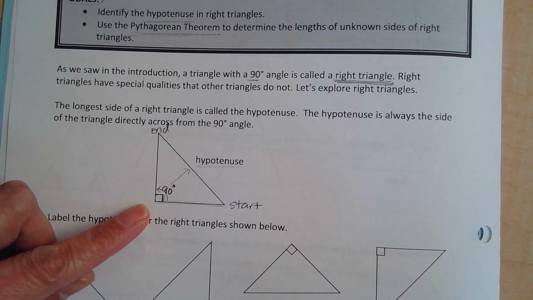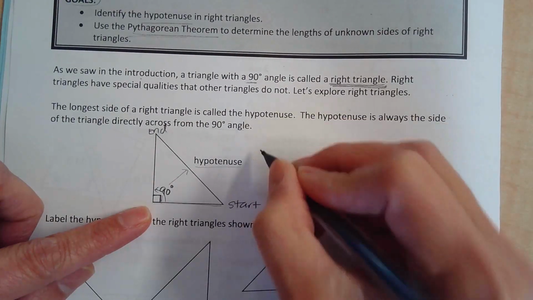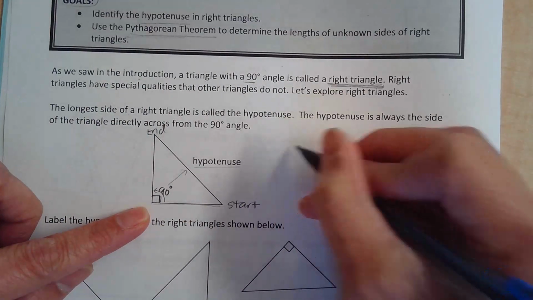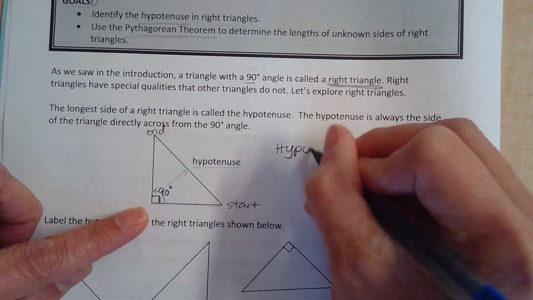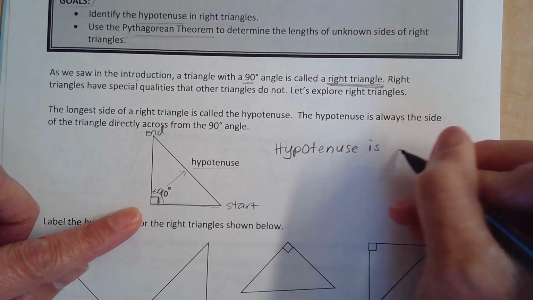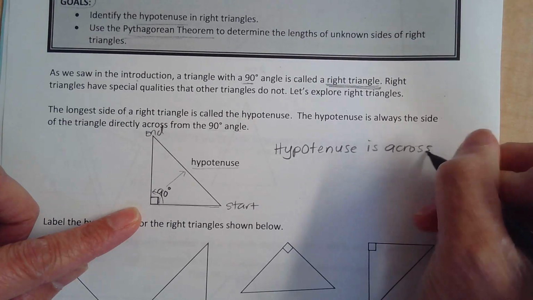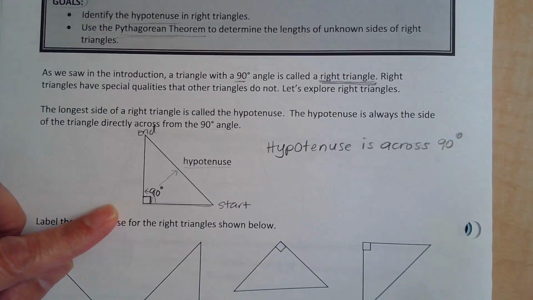What's so special about the hypotenuse? The hypotenuse is right across the 90-degree angle.